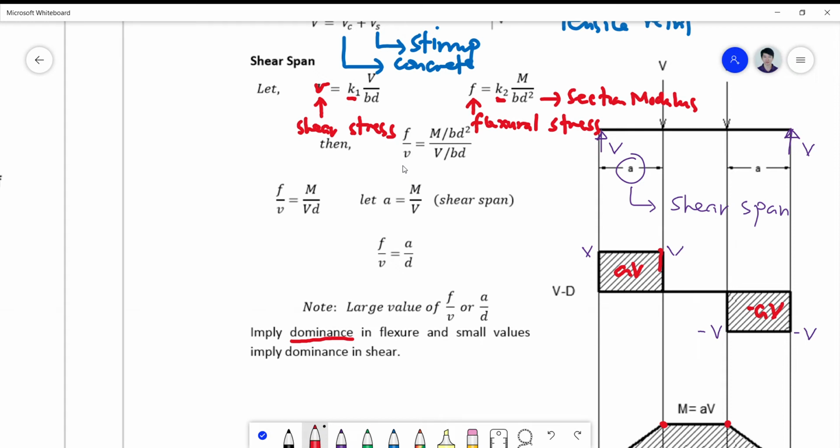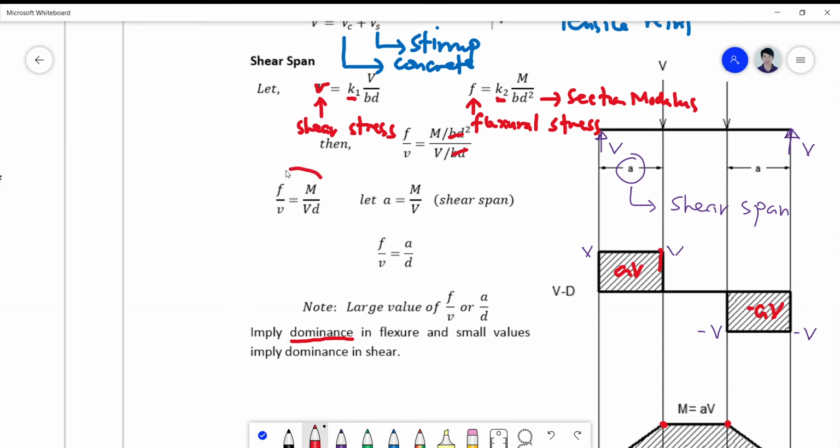So we simply divide f and v, ignoring your k there. Notice that this will simply cancel out. Your bd squared here, your bd there will cancel. So your formula now, f over v, will simply be M over V times 1 over d here. You still have a d here because this is squared.